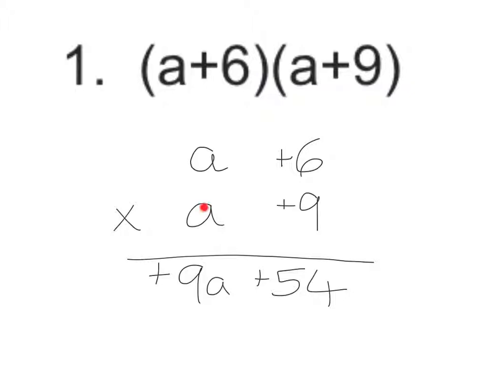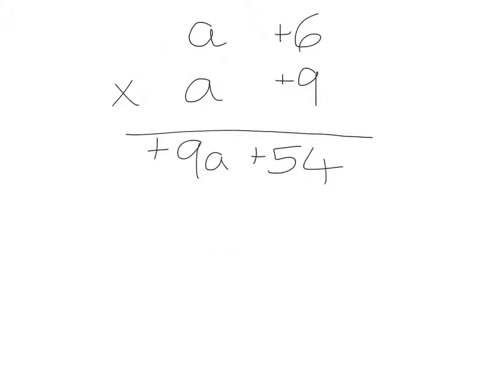Now we're looking at this part, but in a similar way to how you would do normal column multiplication, you'd have to put a 0 here. And then you've got a multiplied by positive 6, positive 6a. And you've also got a multiplied by a, which is a squared.